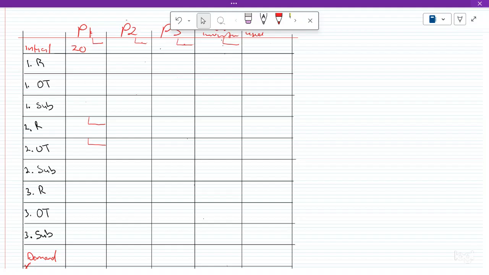But I guess you can see initial is 20, P1, P2, P3, then you have ROT, ROT. So R is for regular time, OT is overtime, and then you repeat it 3 times, period 1, period 2, period 3.